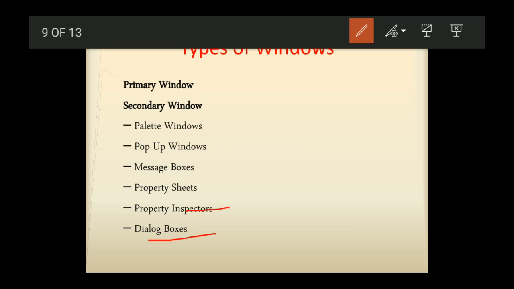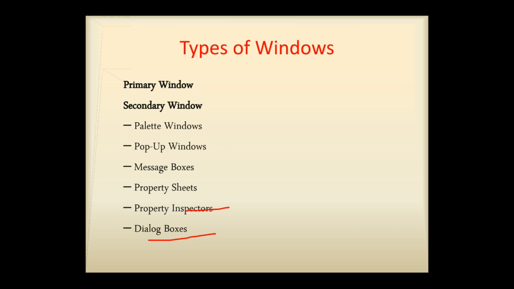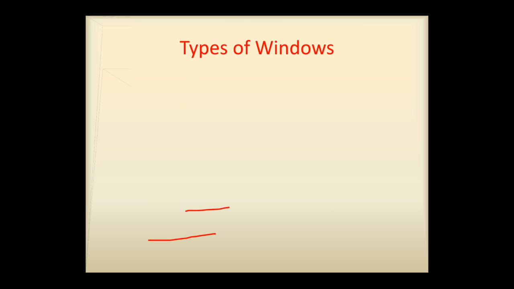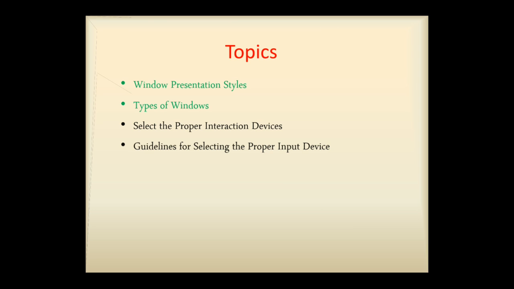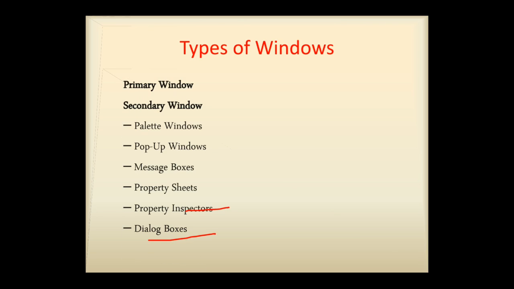Then we have one more example of the secondary window, which is the property sheets. Property sheets are basically used for presenting the complete set of properties of an object, right? It's a modeless secondary window. Here you might be hearing about modal and modeless windows.